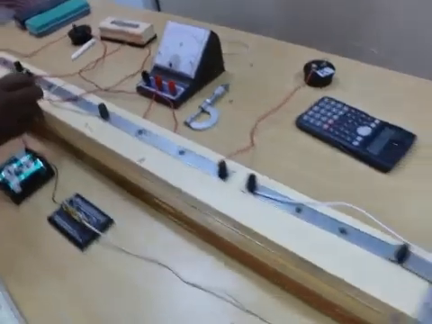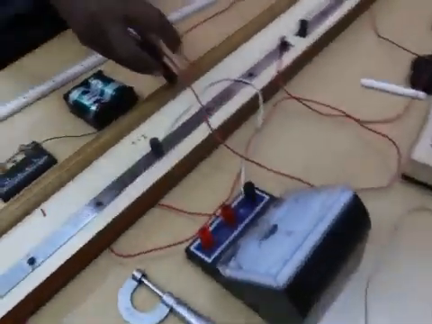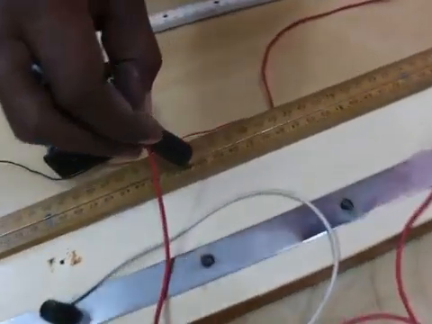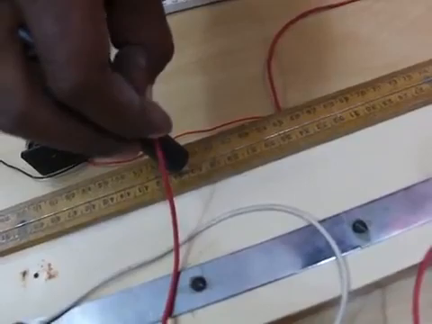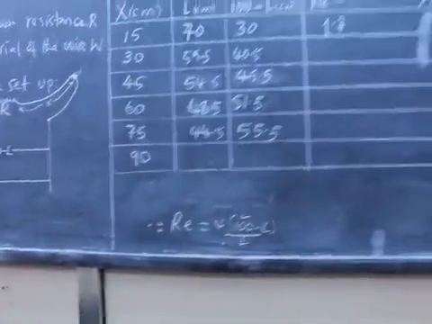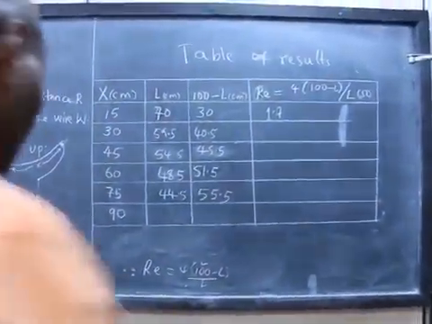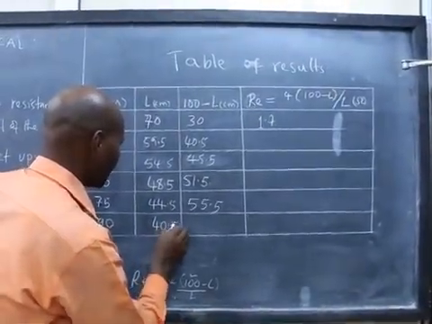Alright, length is now 40.5. Okay, it's 40.5. LO is 40.5 centimeter. That's the last one.